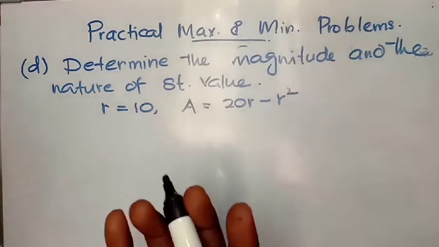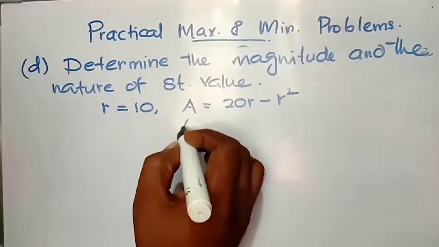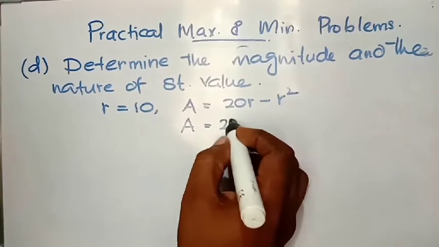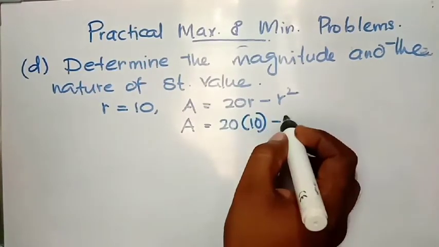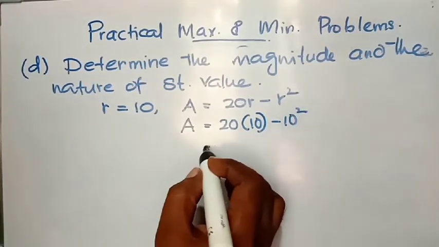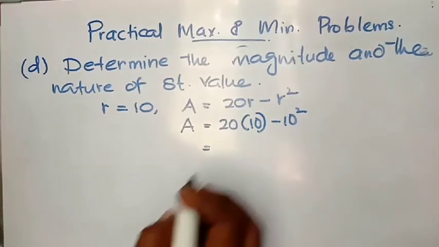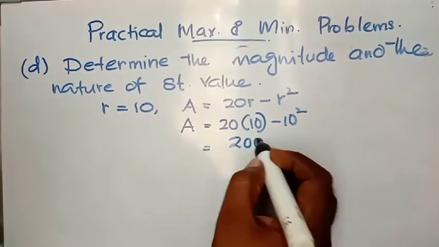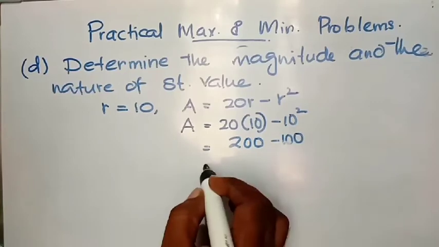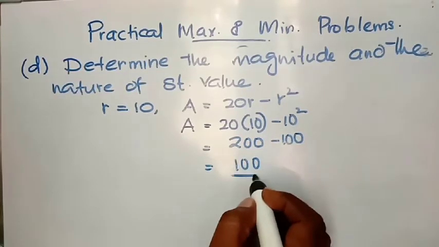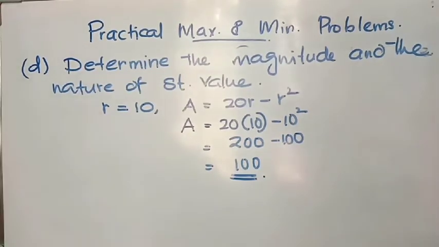The value, quantity. We get A is 20 times 10 minus 10 squared, which is equal to 200 minus 100, that is 100. That is the magnitude of A, the magnitude at the point of stationary value.